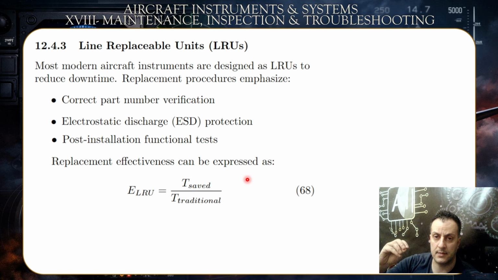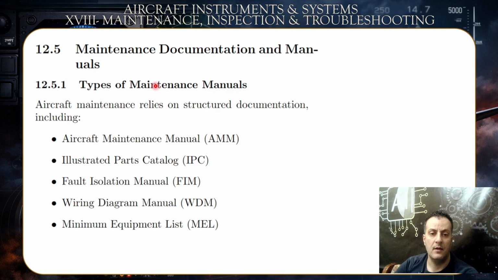Meanwhile, T saved is the time saved by employing the LRU approach of replacement, which is replacing the unit itself that is defective, not the entire instrument, so to speak.